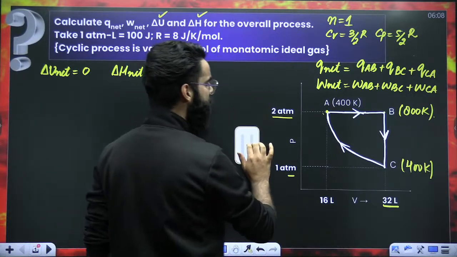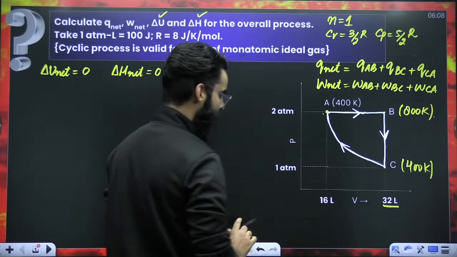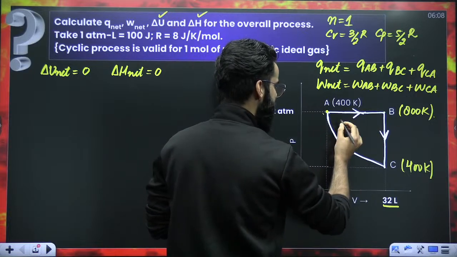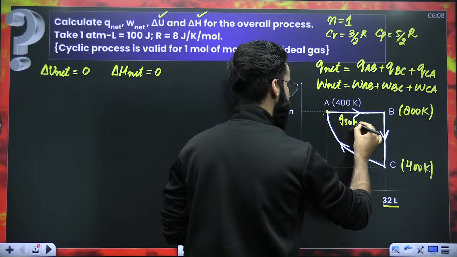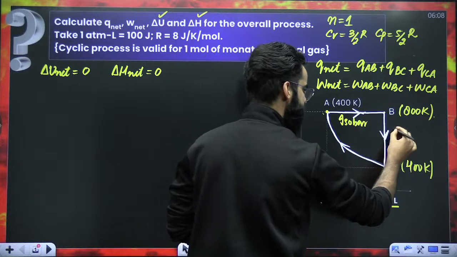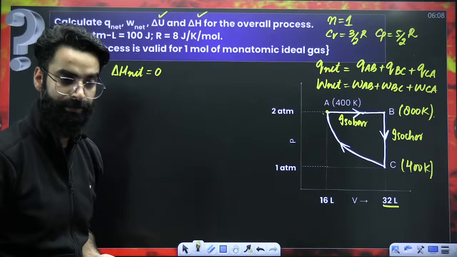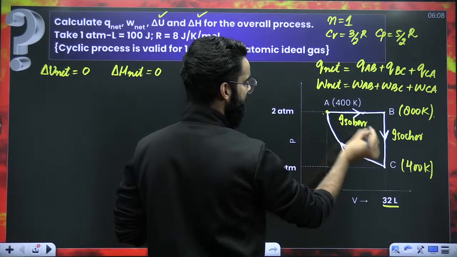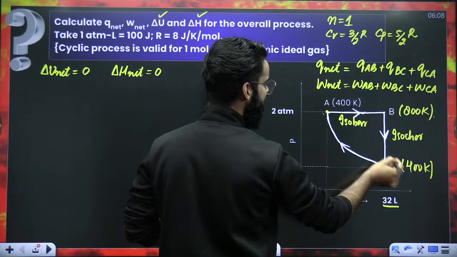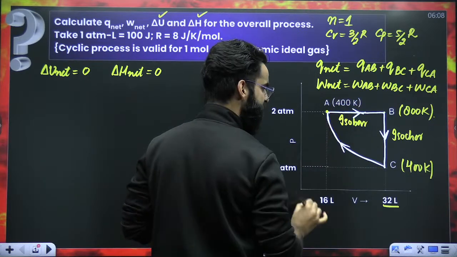Now, people, I would want you to understand a few important things. The AB process is isobaric because the pressure is remaining constant. The BC process is isochoric. Volume of the gas is not changing, right? During the process CA, at point C, temperature was 400 Kelvin. At point A, the temperature again is 400 Kelvin.